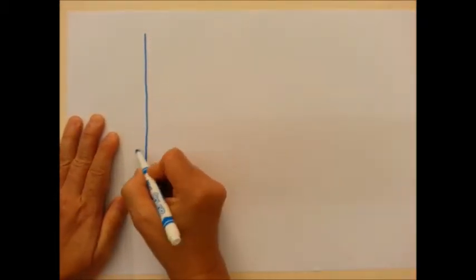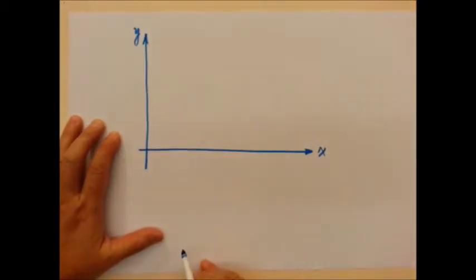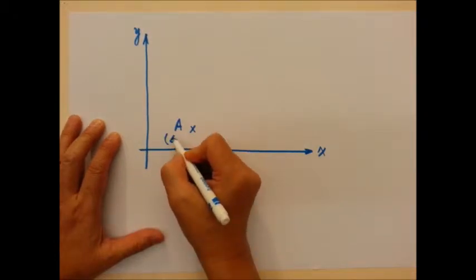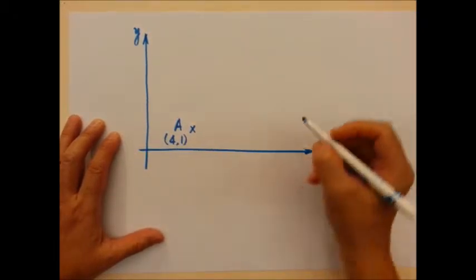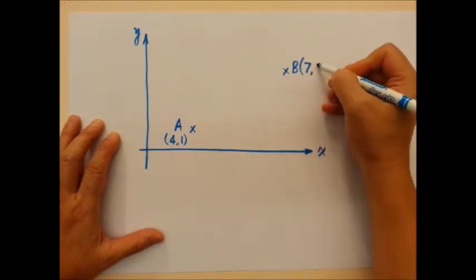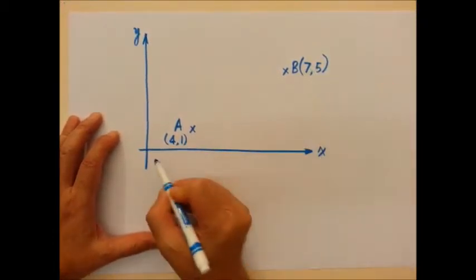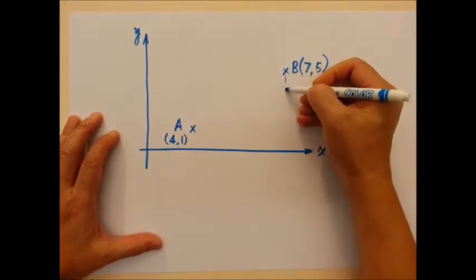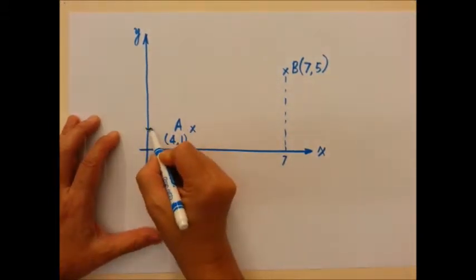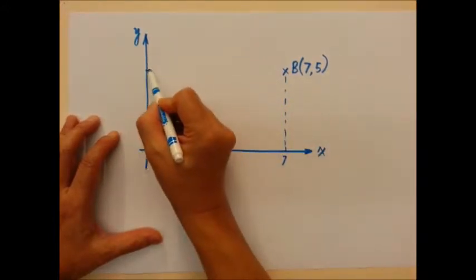Now we have the XY plane again. Suppose that the point A, the position is 4, 1. And another point B, the position is 7, 5. And we know that what's the meaning of 7? 7 means from the origin up to here, 7. 1 here, and from here to there is 5.